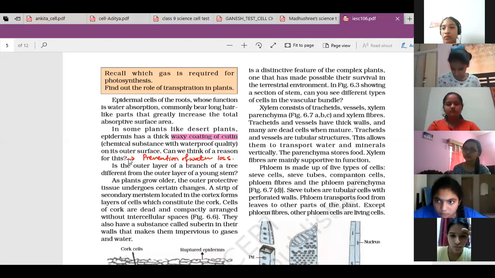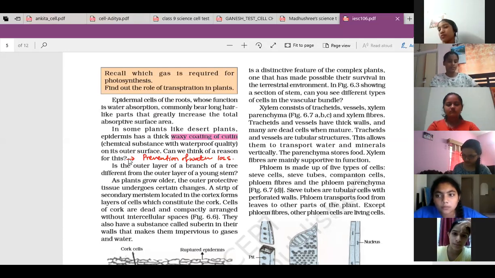Generally they don't have leaves, but they have thorn-like leaves. Cuticles are present on the body, so due to the presence of cuticles, water loss is prevented. If you touch a cactus, it is prickly because of the thorns.